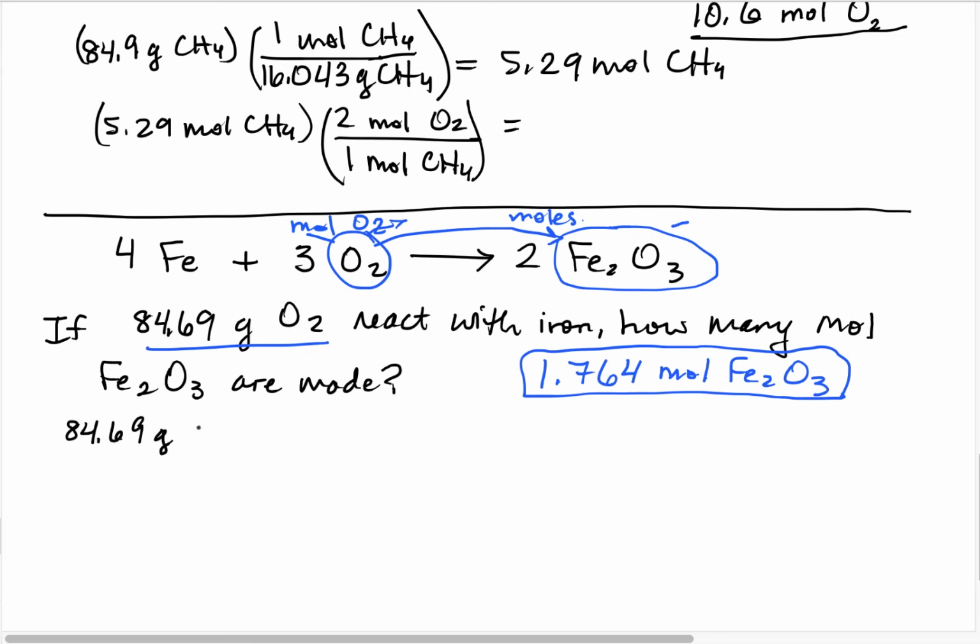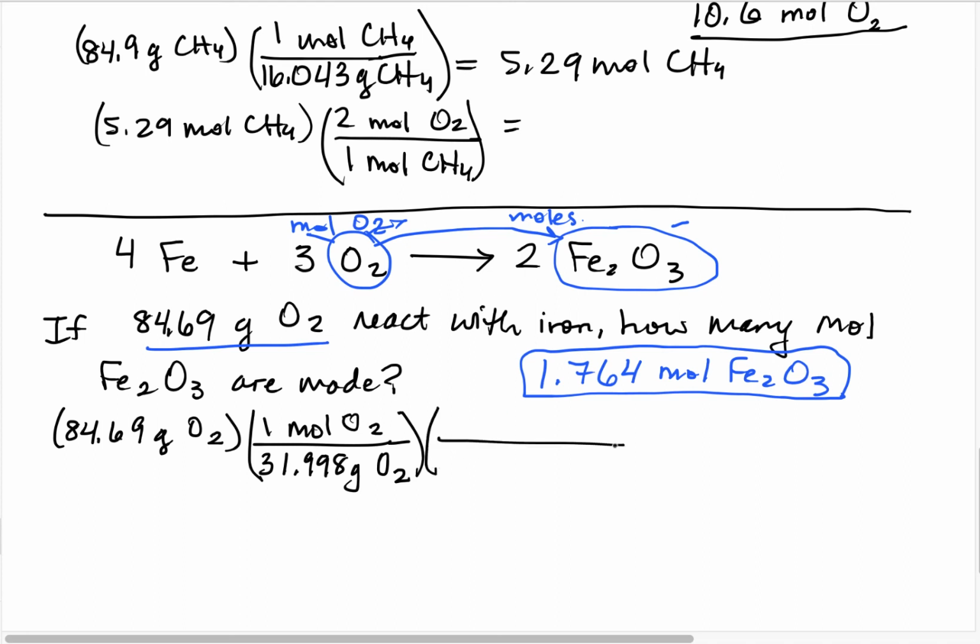So I'm going to start with 84.69 grams of O2, and then I'll do my first step, which is converting grams into moles. So 1 mole of O2 weighs 31.998 grams of O2. And now I'm going to go directly to that mole to mole step.